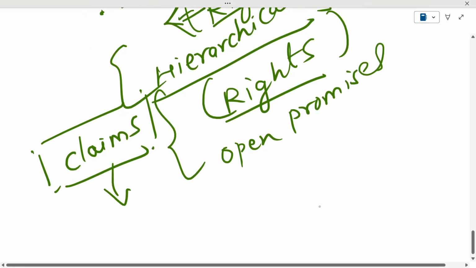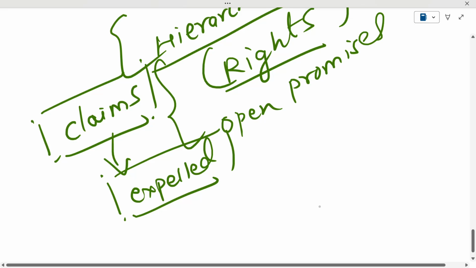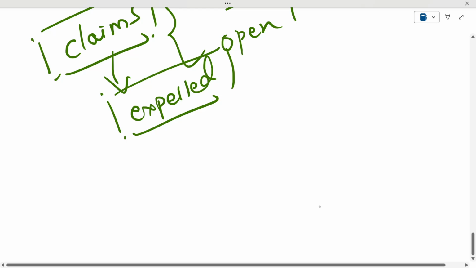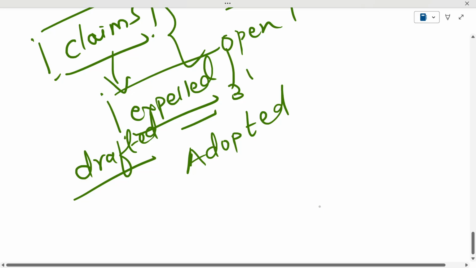And once the British were expelled, our freedom fighters, our nationalist leaders, adopted the constitution. They first drafted it, discussed it, and deliberated upon it. It took them nearly 3 years.